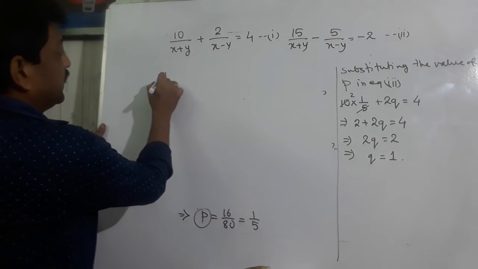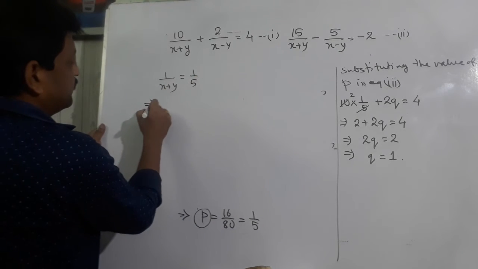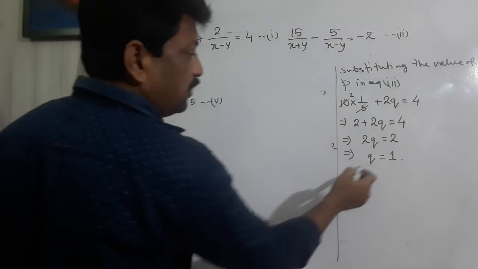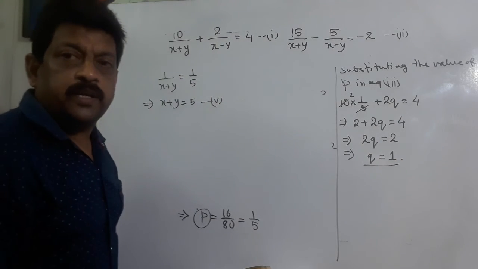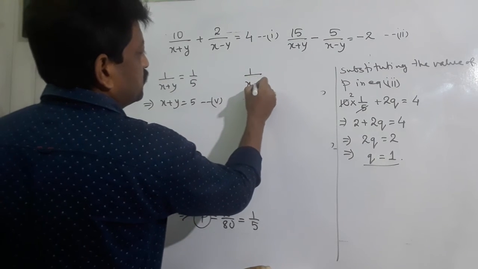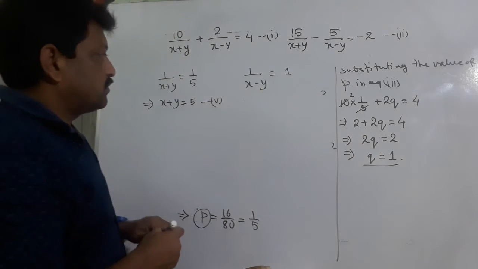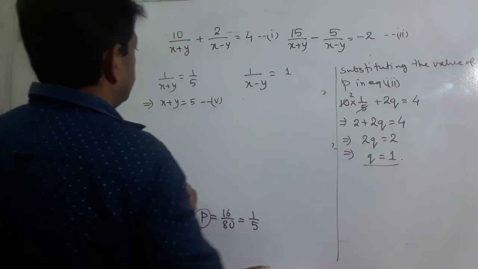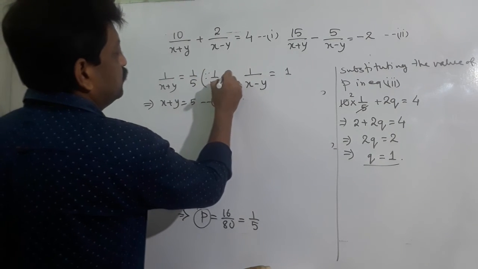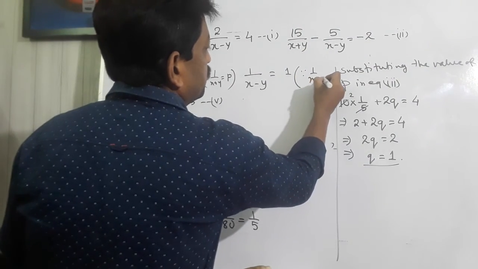So 1 upon x plus y is equal to 1 upon 5, or we can write x plus y equals 5. This is equation number 5. Similarly, what is q? q is 1 upon x minus y, as we have taken earlier. So we can write 1 upon x minus y equals 1, because q is 1. Here 1 upon x plus y is equal to p, and here 1 upon x minus y is equal to q.